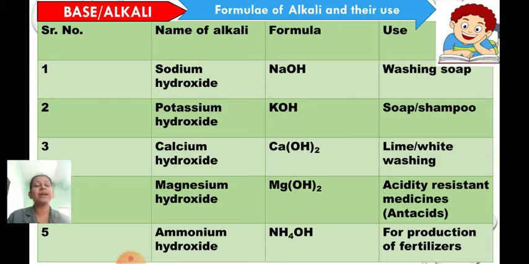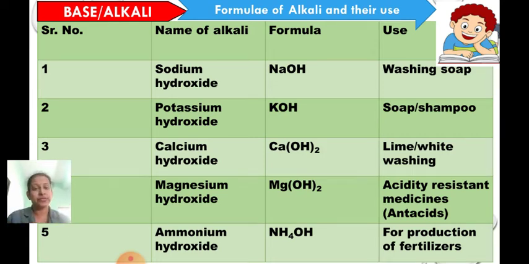Then we have calcium hydroxide. Calcium hydroxide is commonly called limestone, and it is used for lime washing or whitewashing. It is also used to neutralize the effect of acidic soil.